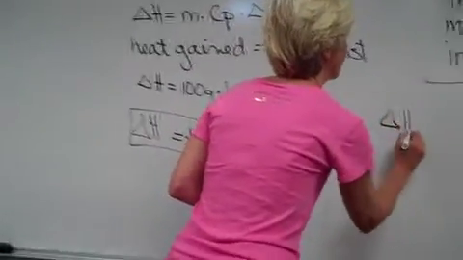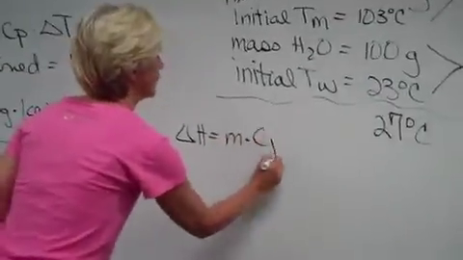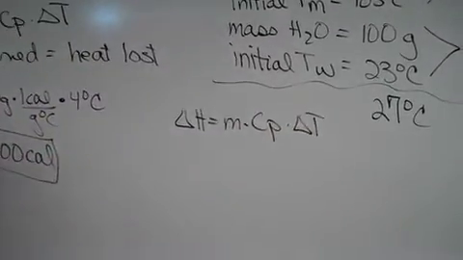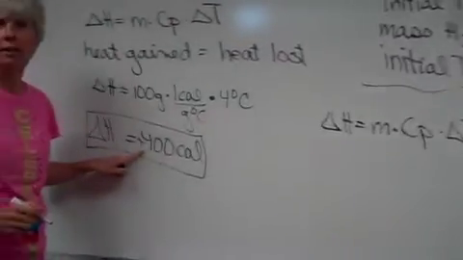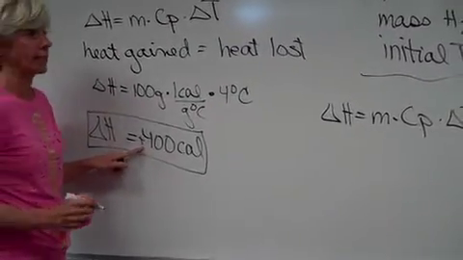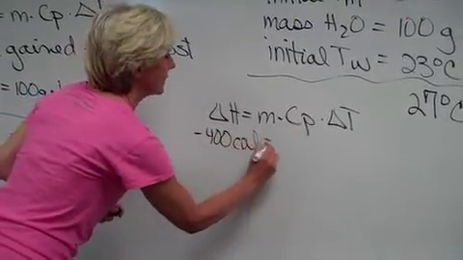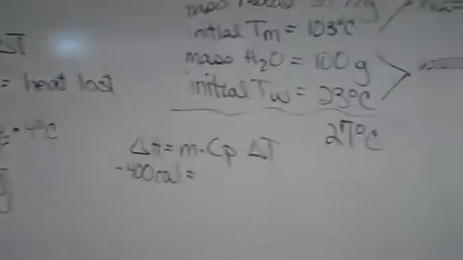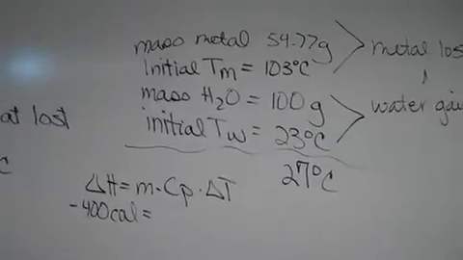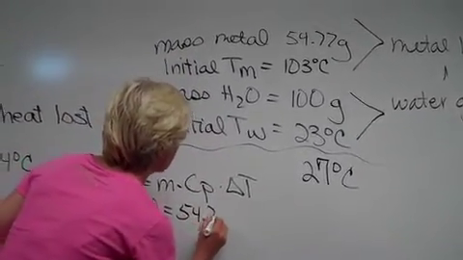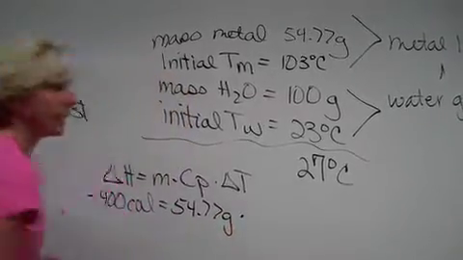So we have again m times Cp times delta T. Now, if heat gained is positive 400, what's heat lost? Negative 400 calories is equal to the mass. What did we find out was the mass of the metal? 54.77 grams. Times heat capacity.